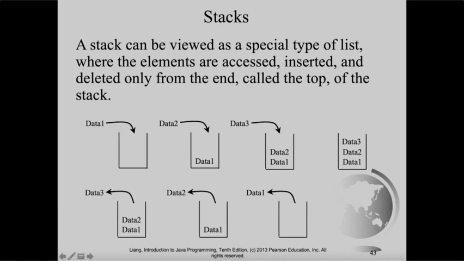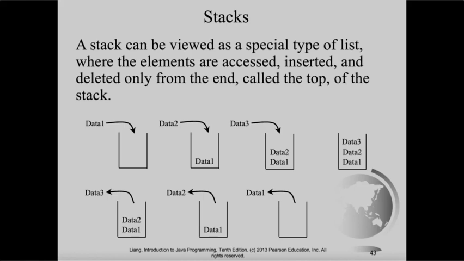All right, so those are the main important behaviors we expect from a data structure that we call LIFO, or sometimes we call it FILO, right? First in, last out, or last in, first out. Data 1 was the very first element we pushed into this stack.